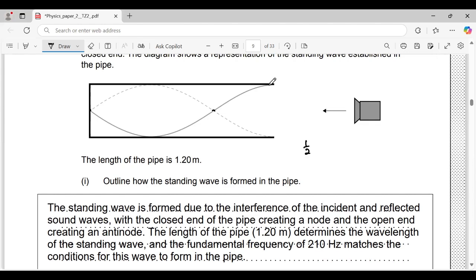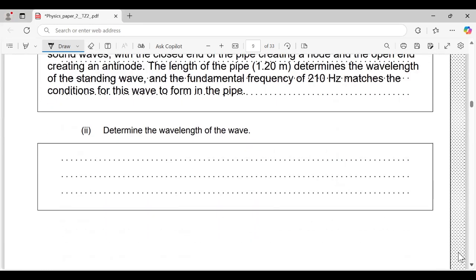And from this point to this point, that is a quarter. So half plus a quarter is 2 over 4 plus 1 over 4, which is 3 over 4 of a wave.